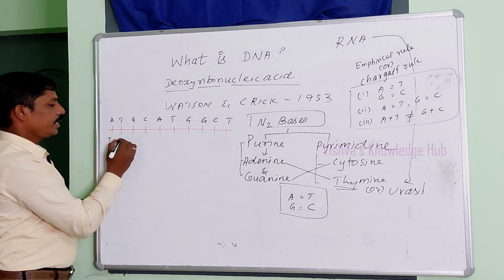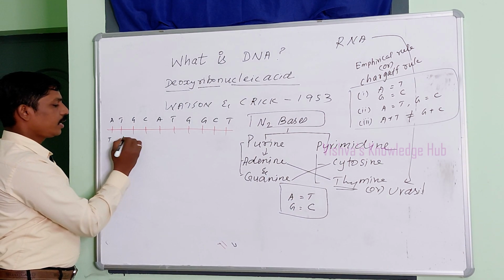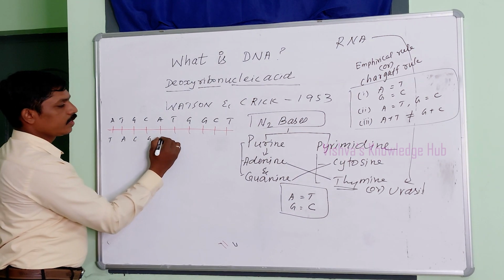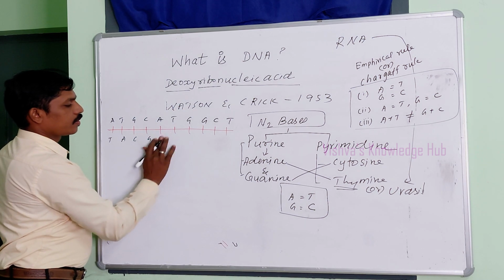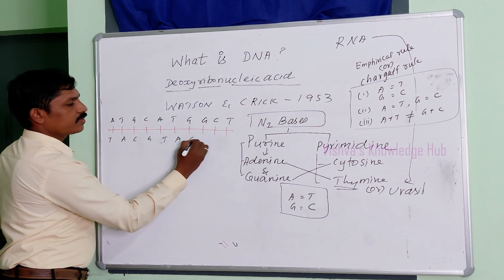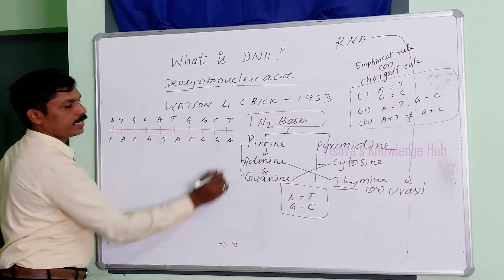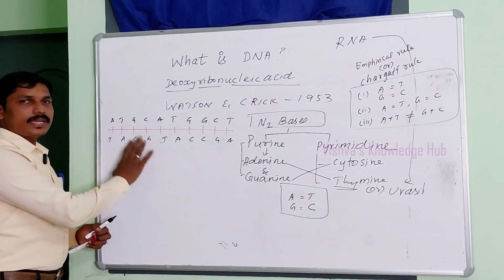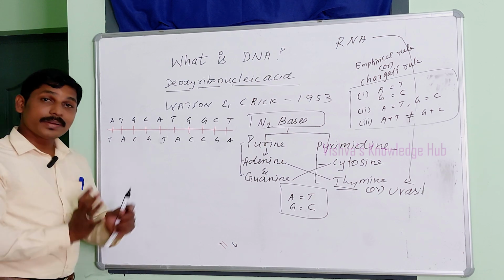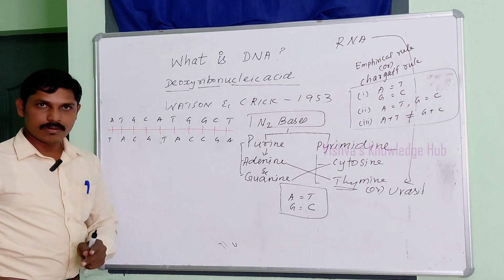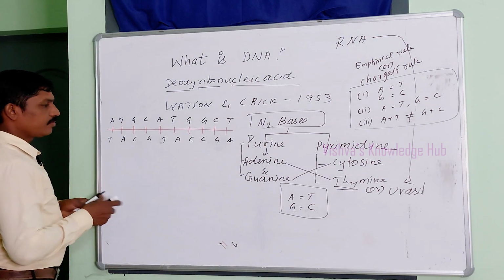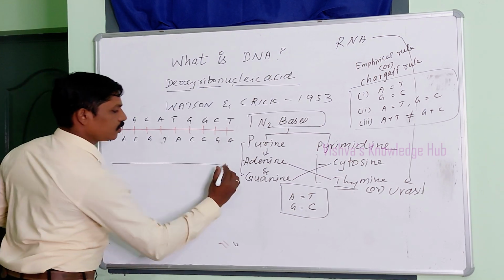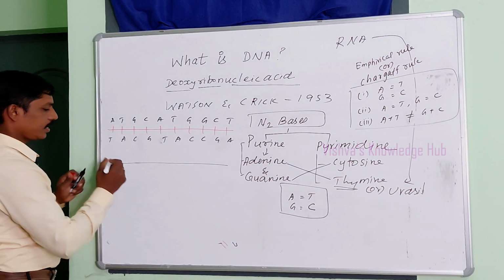So thymine, adenine, cytosine, guanine, thymine, adenine, cytosine, guanine, adenine. This is the parental sequence. This parental sequence is compared with his son or daughter. Yes, if suppose his daughter has this.